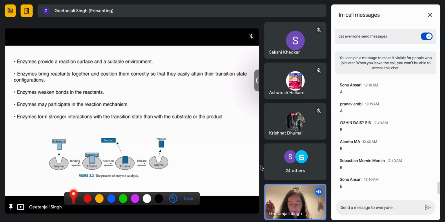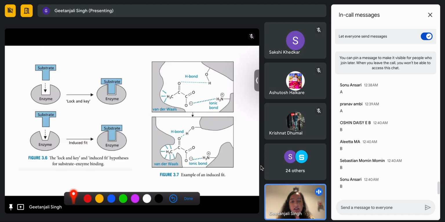Yeah, here it is. Now let's discuss the induced fit hypothesis. We discussed the lock and key one. In the induced fit hypothesis, we follow this hypothesis now, and it seems to be a better explanation, it seems to explain things more cohesively than the lock and key hypothesis.